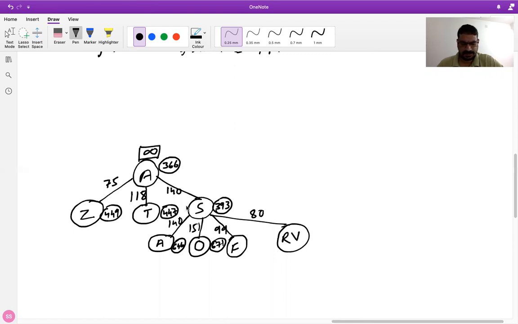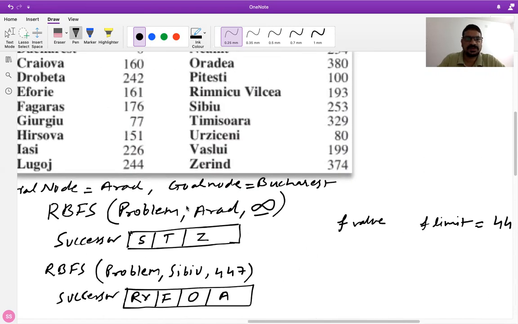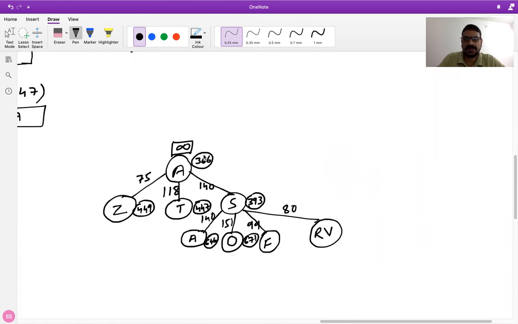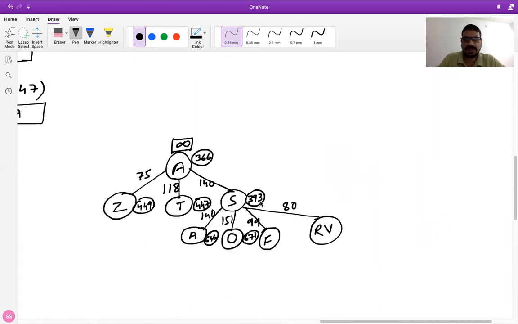140 plus 99 plus the heuristic value of Fagaras, 176. It is 415. Is 415 larger or 393? Definitely 415 is larger.